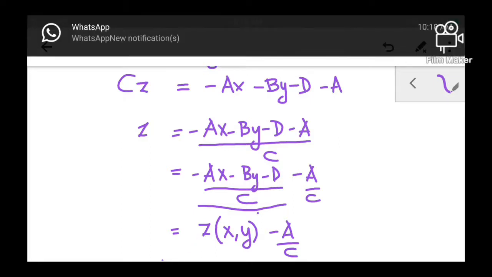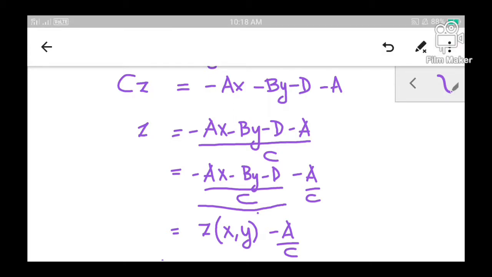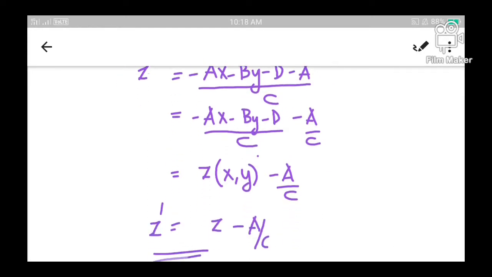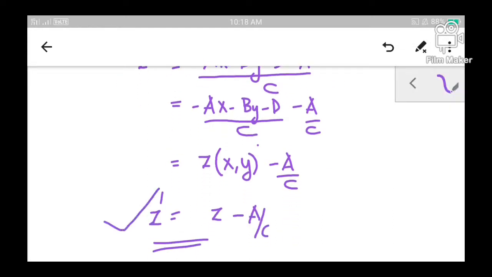That means minus ax minus by minus d by c is the equation used to find the z at position xy. So this whole term can be substituted as z at position xy minus a by c. So altogether we can say the new depth value, z dash, corresponds to the depth at position x plus 1, y.